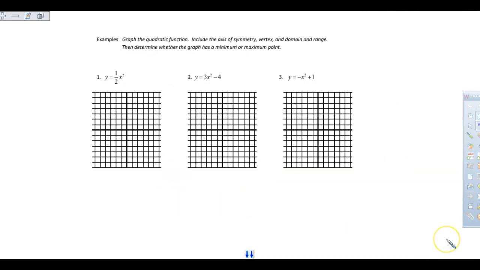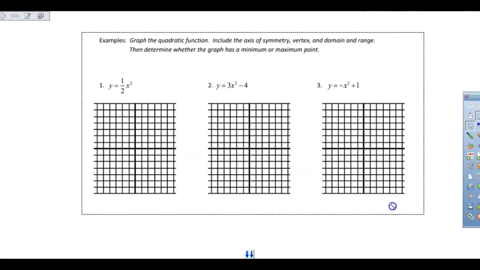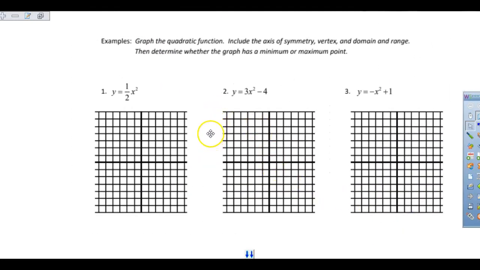So let's take a look at this one. I have y equals 1/2 x squared. I need to determine the axis of symmetry, the vertex, the domain and range, and then determine whether it has a minimum or maximum point.